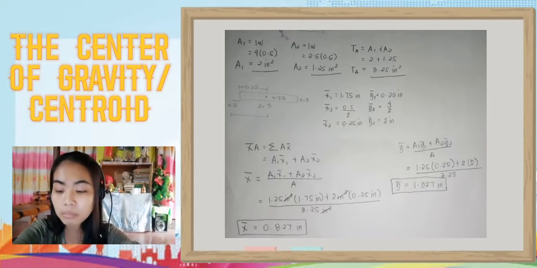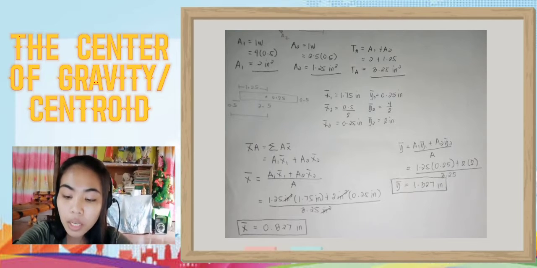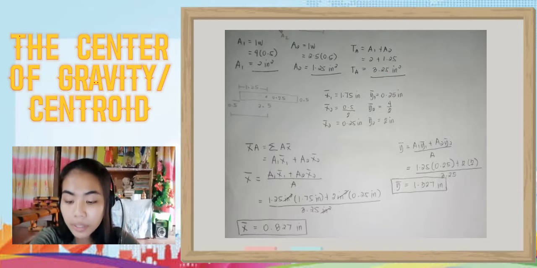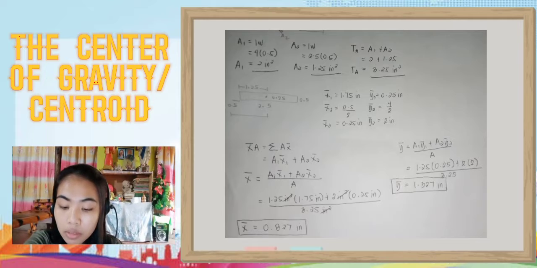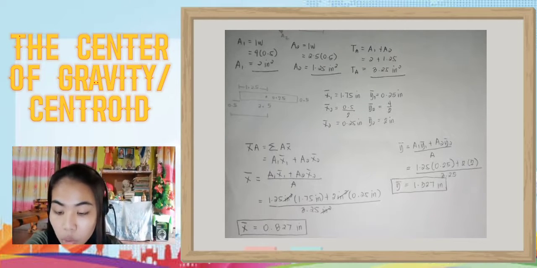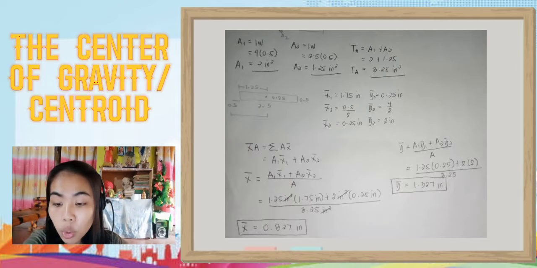So, para makuha naman natin yung bar x at bar y, gagawa tayo ng, tawag dyan, sub 1 at sub 2. So, bar x sub 1 is equals to 1.75, which is makikita natin doon sa ating drawing, sa ating illustration.